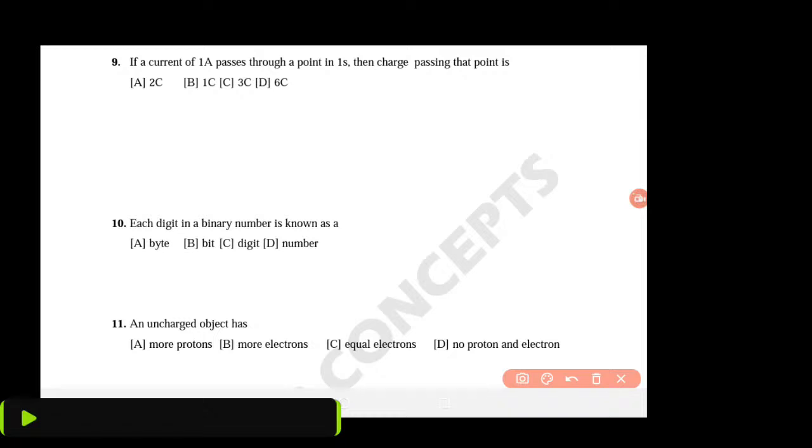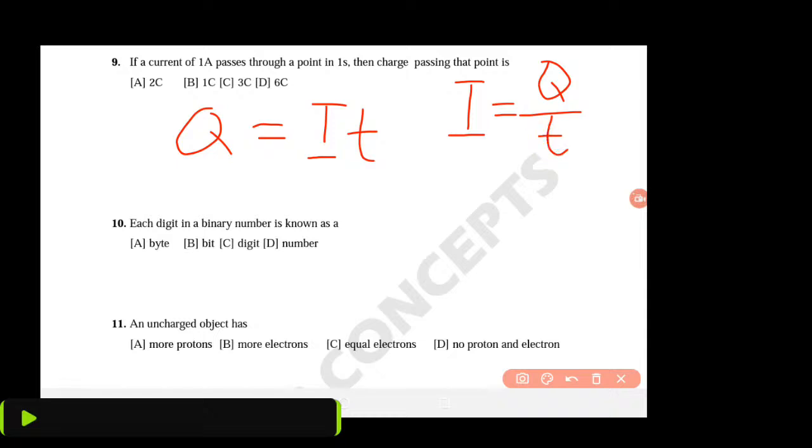That means our charge Q is equal to current multiplied by time, because current equals charge Q divided by time. From this we can easily see Q will be equal to our current, which is 1, multiplied by our time, which is also 1, so our charge will be 1 coulomb, and that is option B for question number 9.